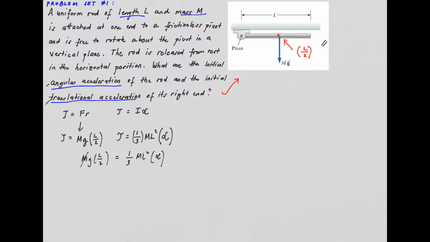We could now cancel the mass, and then we could also cancel the L squared, and then we have here the L. Then our equation would be g over 2, and that is L multiplied by angular acceleration multiplied by 3. Solving now for angular acceleration, we have 3g over 2L.